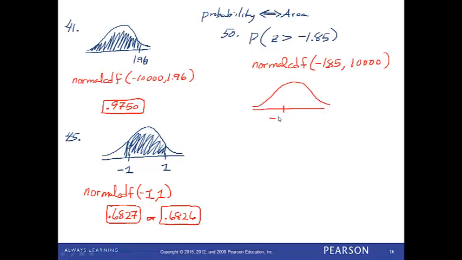Here's your negative 1.85. Draw my line straight up. And it said Z was greater than, so I would shade everything to the right. So the lower is the negative 1.85 and the upper is the 10,000. Type this into our calculators and we should get 0.9678.